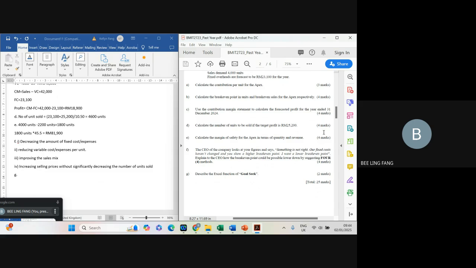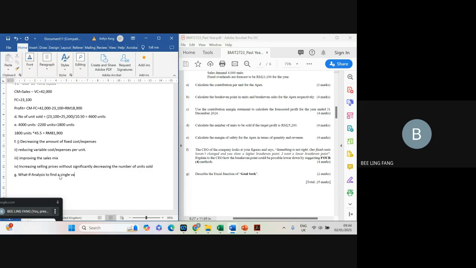Okay, describe Excel function. Here you talk about goal seek, right? So how do you use goal seek? So 2 marks. You just mention you have to go to the what-if analysis. This is important. What-if analysis. So you remember what we learned? What-if analysis is to find or determine a single value, right?